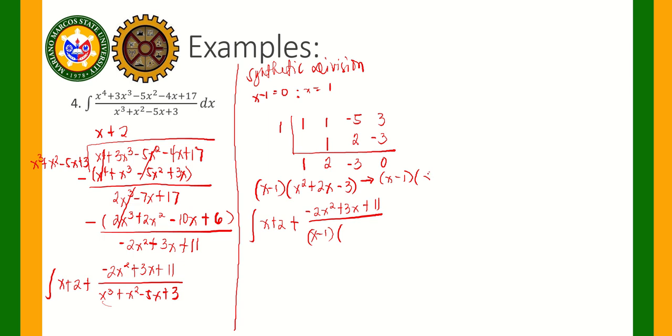Let's try x plus 3 and x minus 1. Okay, so x plus 3 times x minus 1 is equal to x squared plus 2x minus 3. So, we can rewrite this into x minus 1 squared times x plus 3. So, this is x minus 1 squared times x plus 3.